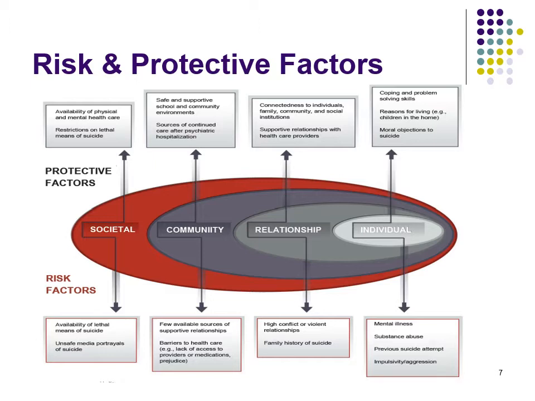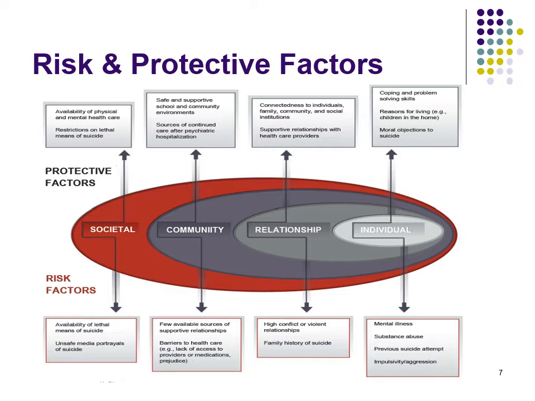The first one here is restrictions of lethal means of suicide. So in other words, if they're in a country where there's not a lot of firearms, probably any other country besides the United States, at least comparatively, then that makes it less of a risk.